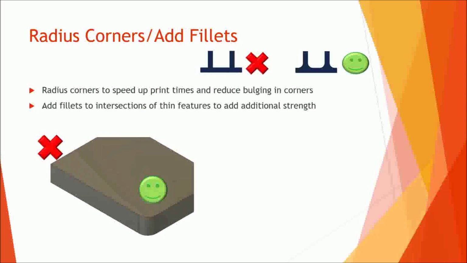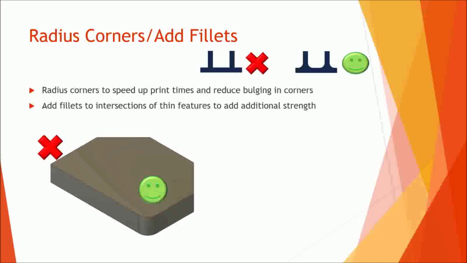So for 3D printing, it's kind of similar, but if you have a sharp corner, basically the print head is moving along and it has to come to a complete stop very abruptly and then change directions and then start going again.